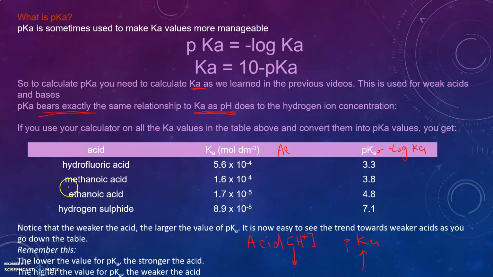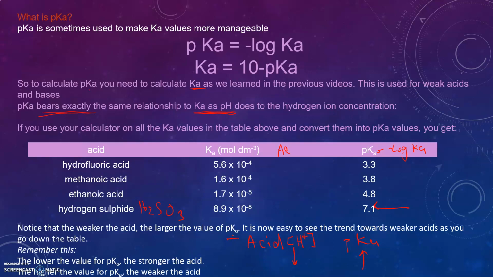Hydrofluoric acid, methanoic acid, ethanoic acid, and hydrogen sulfite, H2SO3. Here for hydrofluoric acid, the Ka is 5.6 times 10 to the minus 4 and the pKa is 3.3. Look at this pattern and tell me which one is the weakest acid. This is the weakest acid, because it has the largest pKa value.